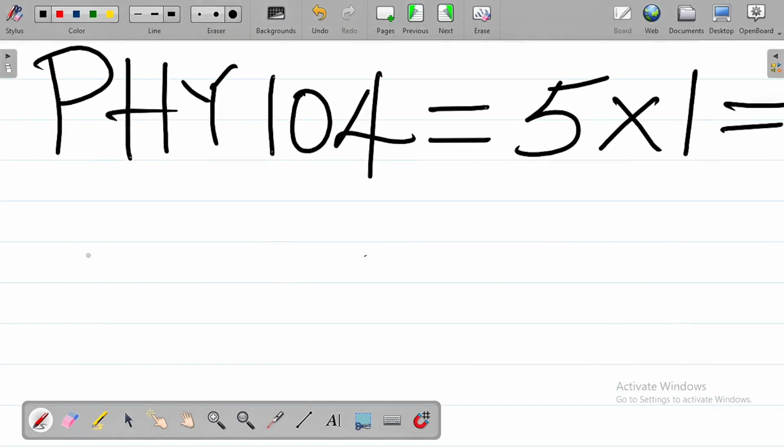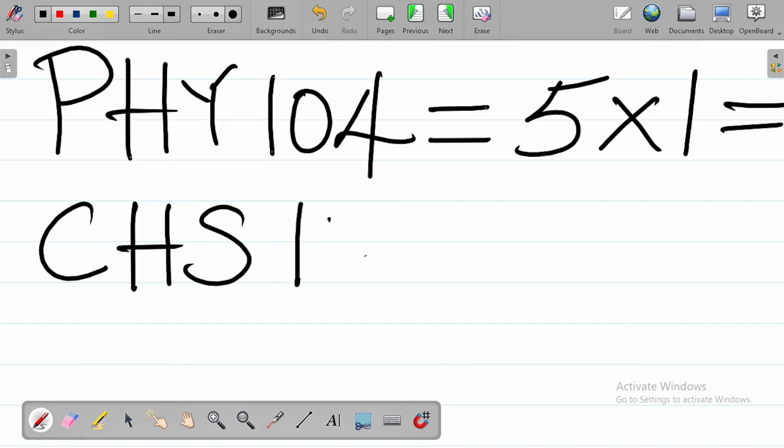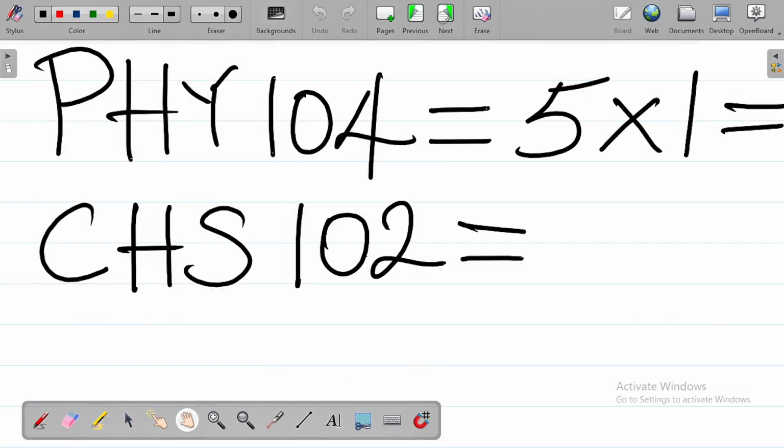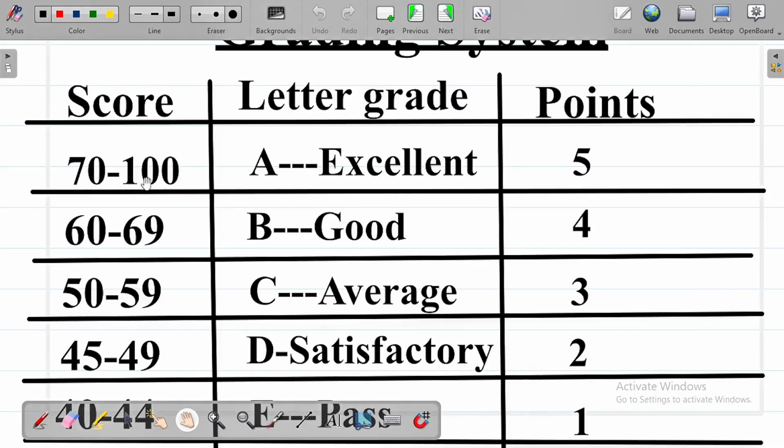Alright, let's consider the next course, which is General Chemistry 2, which is CHS 102. It is equal to, let's check for the points and the units. General Chemistry 2 is a 3-unit course, and the student has A. Remember, A is from 70 to 100 marks, and A is 5 points.